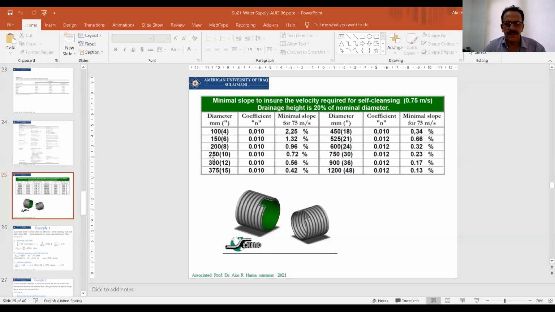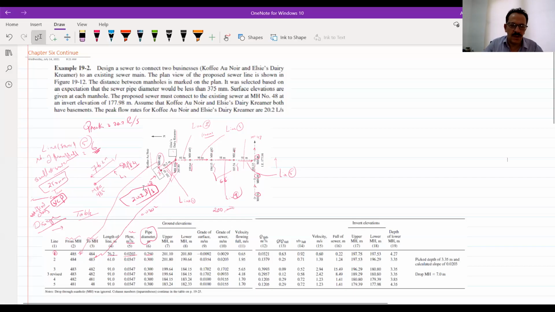We may have these pipes for 8-inch pipes, and 250, it's 10-inch. For plastic pipes, we can start with 200. This is based on the regulation that we have from the municipality. Anyway, back to our example.